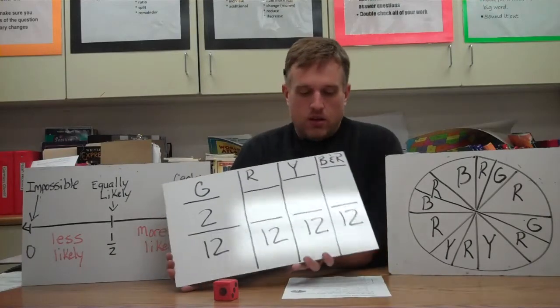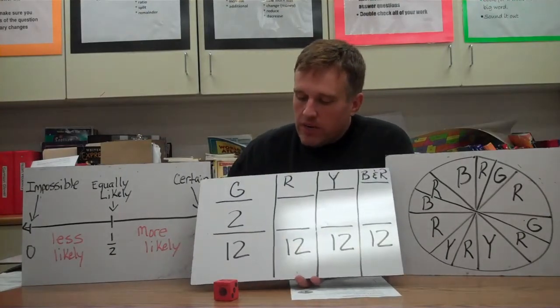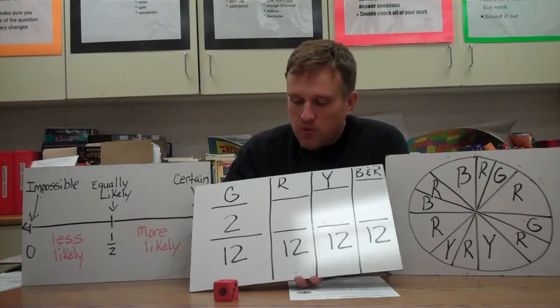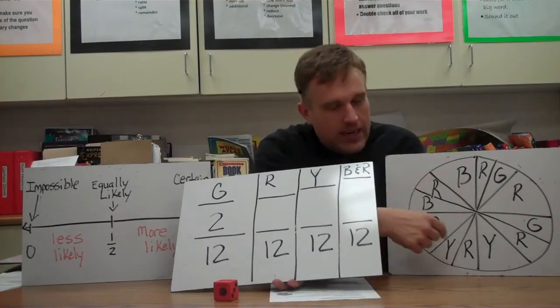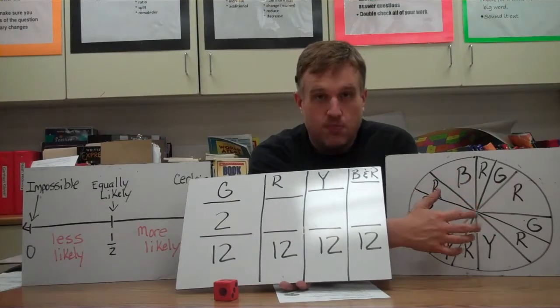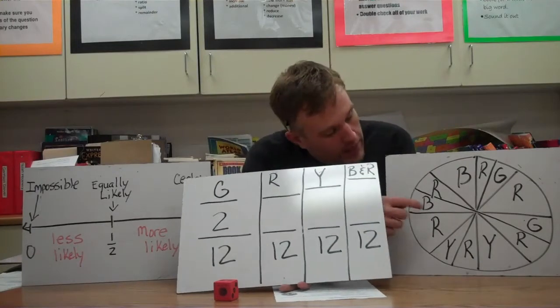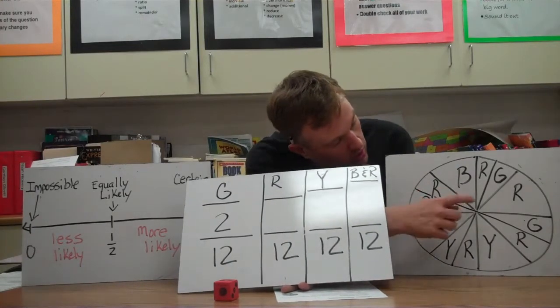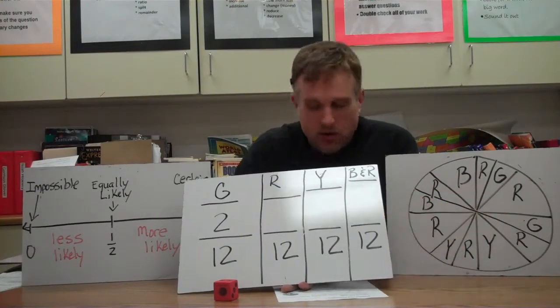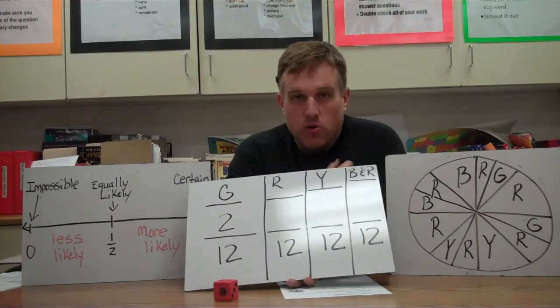Because I already kind of did the first one for you, there are 12 total colors I could spin on. So that's where my 12 comes from. And how many green are there? There are 2 green. One there and one there. So I have 2 out of 12 chances of landing on a green.